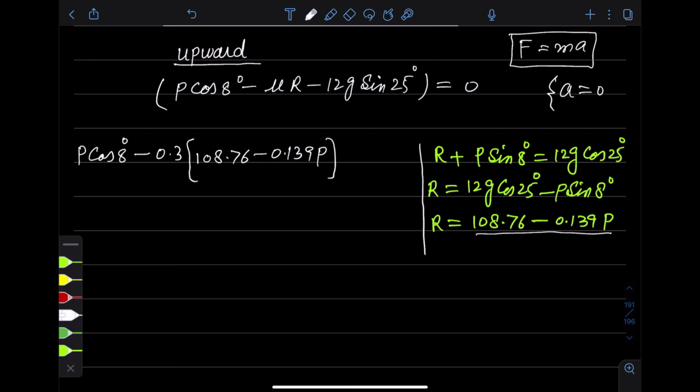After calculation we get 50.7 is equal to 0.